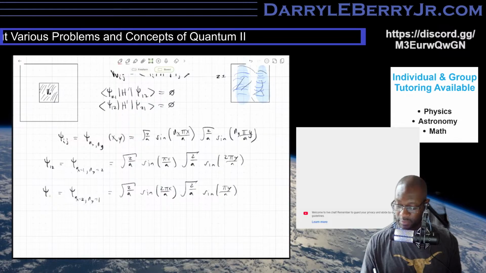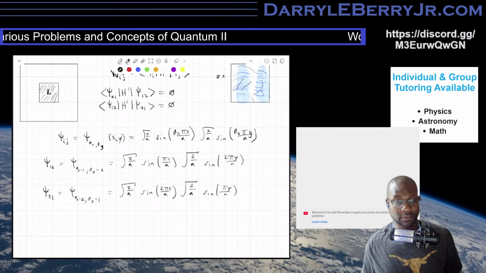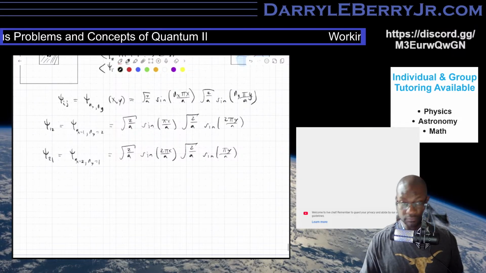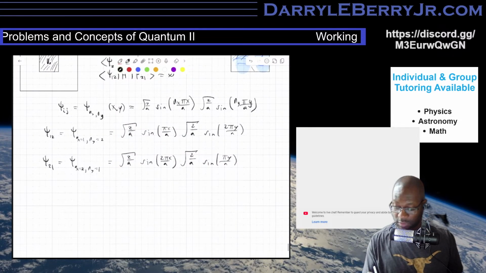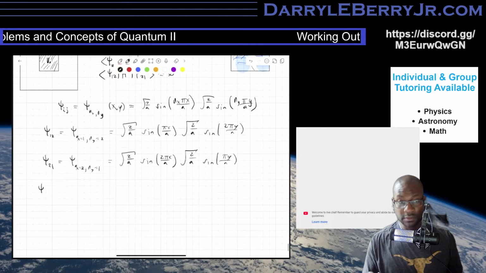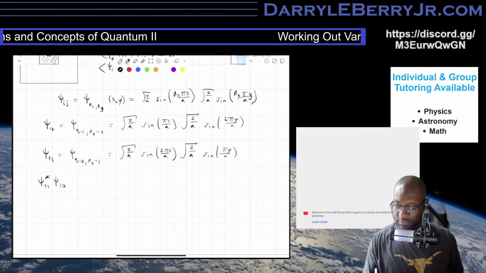So these are the two equations that we're working with, and I may actually work these explicitly. So we're going to test the diagonals on this. Psi_21 star, psi_12.